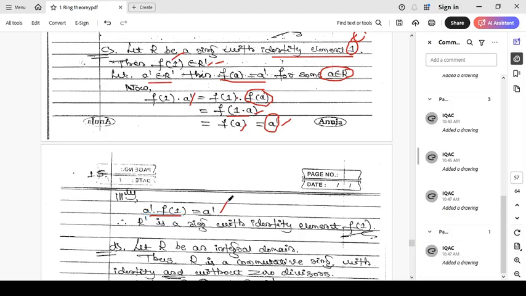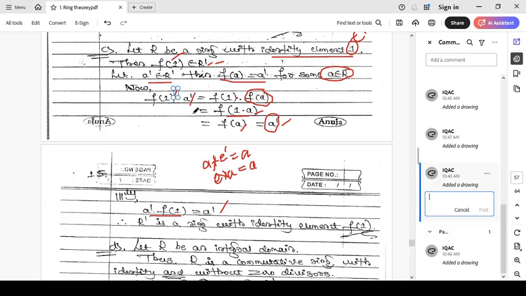So here a star e should give us a only. So that condition, e star a equal to a only, we should get, and that we have shown here. So this e is f of 1 over here.